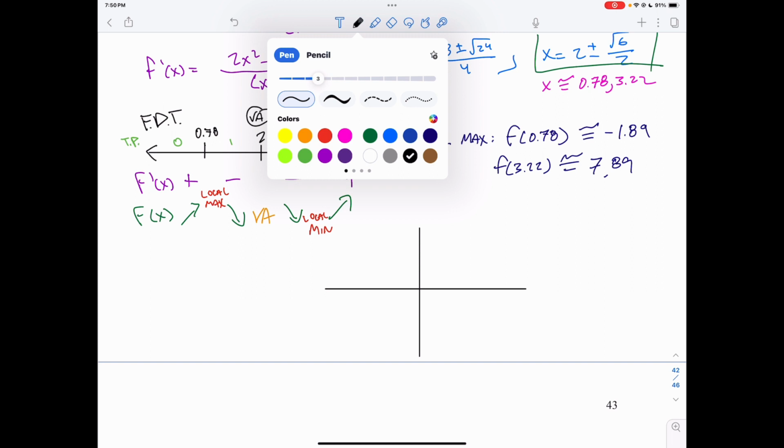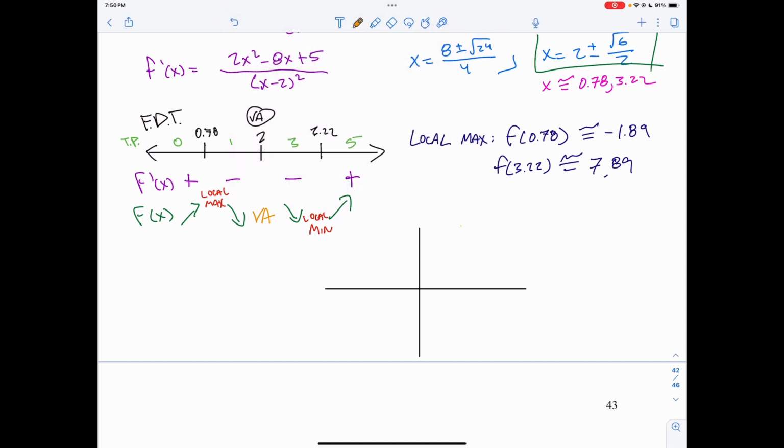then I'm going to have a vertical asymptote at x equals 2. I'm going to have a slant asymptote at y is equal to 2x minus 1.